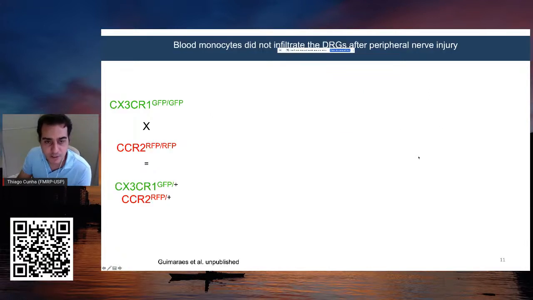So what we did, we bred two strains of mouse. We bred CX3CR1 GFP animals with CCR2 RFP animals, and you obtain these heterozygous animals. And you ask which kind of macrophage, resident or peripheral blood, is important for that increase in the number of macrophages after SNI induction.